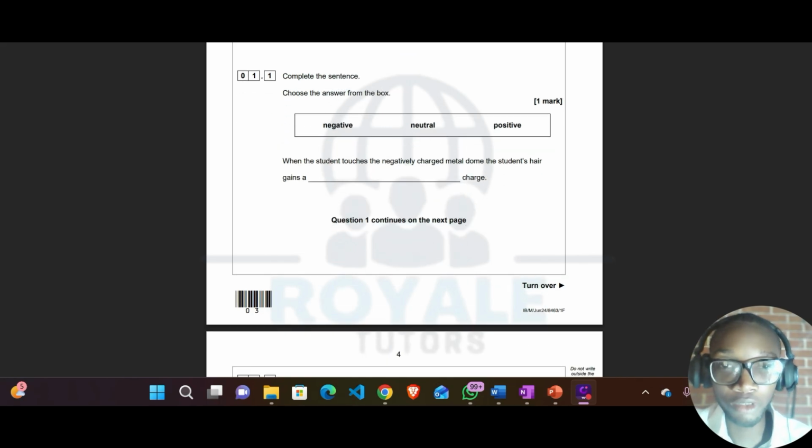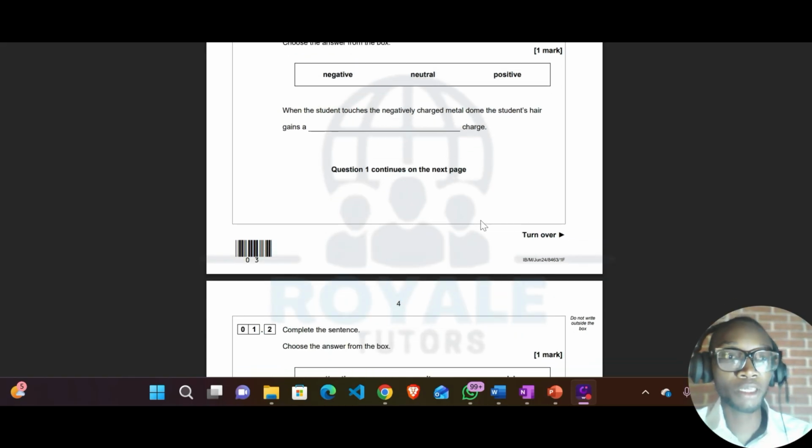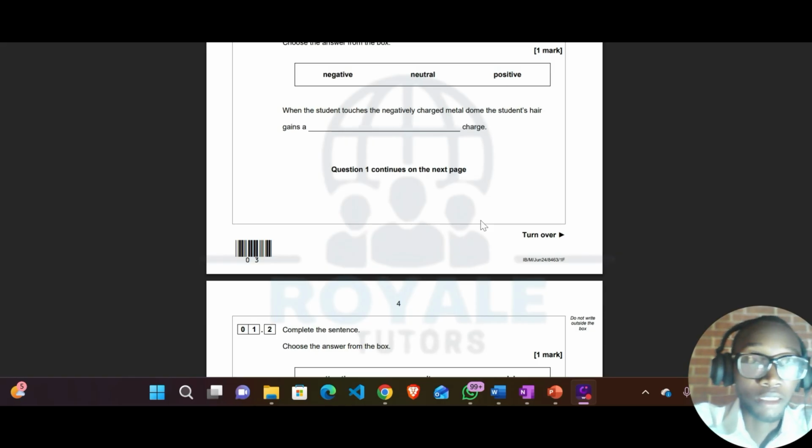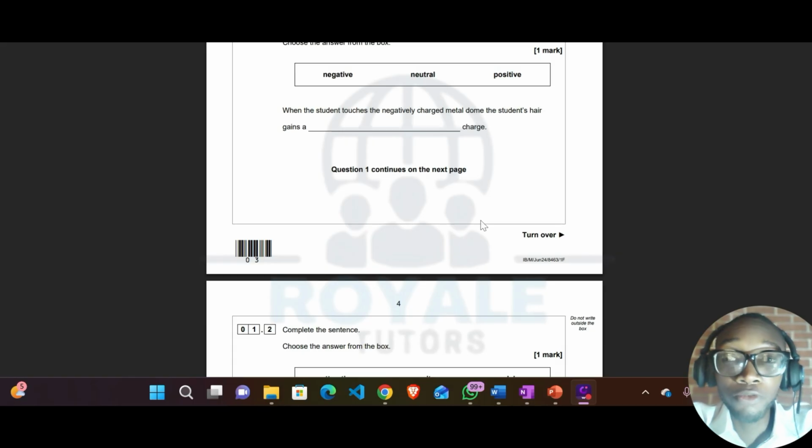Now, what is the question? The question says, when the student touches the negatively charged metal dome, the student's hair gains a dash charge. Now because the metal dome is negatively charged, and from what we learned in class about charges, virtually all the time electrons are the only ones that actually move from the surface. Your protons do not move, and don't forget your protons are positively charged, while your electrons are negatively charged.